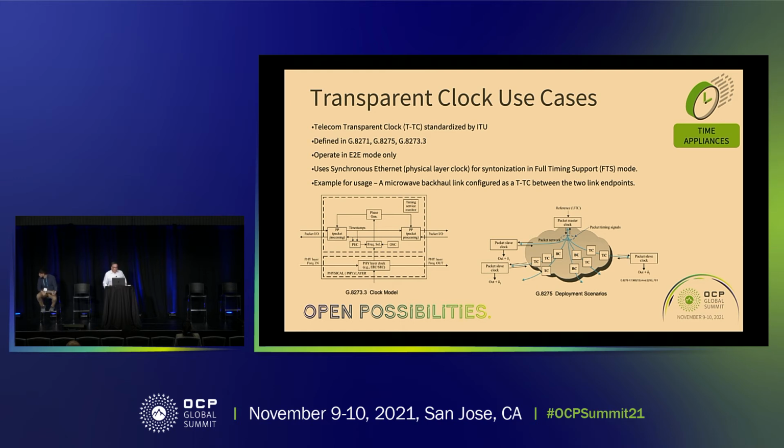So who is using transparent clocks, right? What are some of the use cases that we see? So first of all, a transparent clock is standardized by ITU. ITU, as you know, is mostly concerned about mobile backhaul. It's mostly concerned about synchronization of cellular networks.